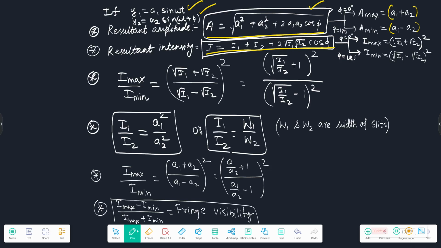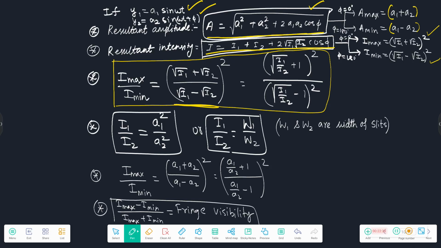If I want to find I max by I min, then I max by I min is nothing but (root of I1 by I2 plus 1) whole squared divided by (root of I1 by I2 minus 1) whole squared, or you can remember the formula given here. You can understand that also.